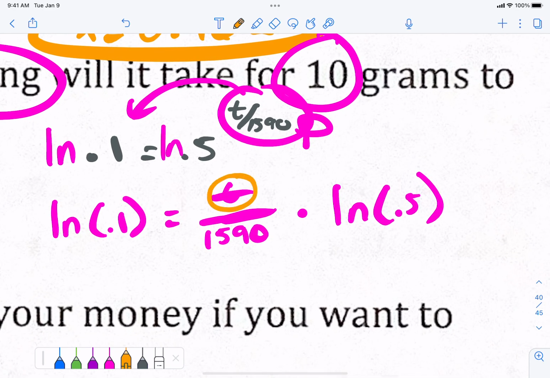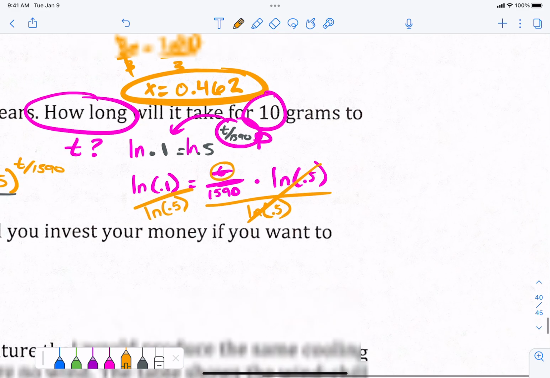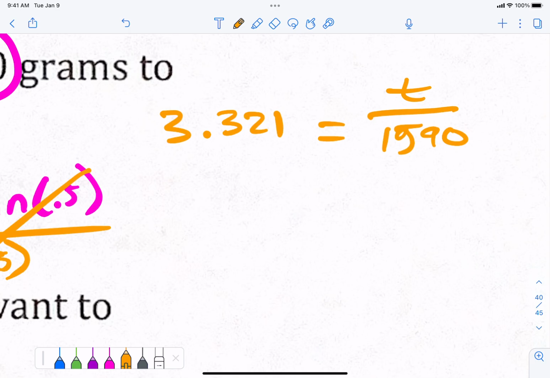Okay, now what? Still solving for T. What would you like to do first? Divide by ln 0.5. Got it. Okay, what is ln 0.1 divided by ln 0.5? That decimal number. 3.321. Okay, and then we've got T over 1590. Then multiply by 1590.